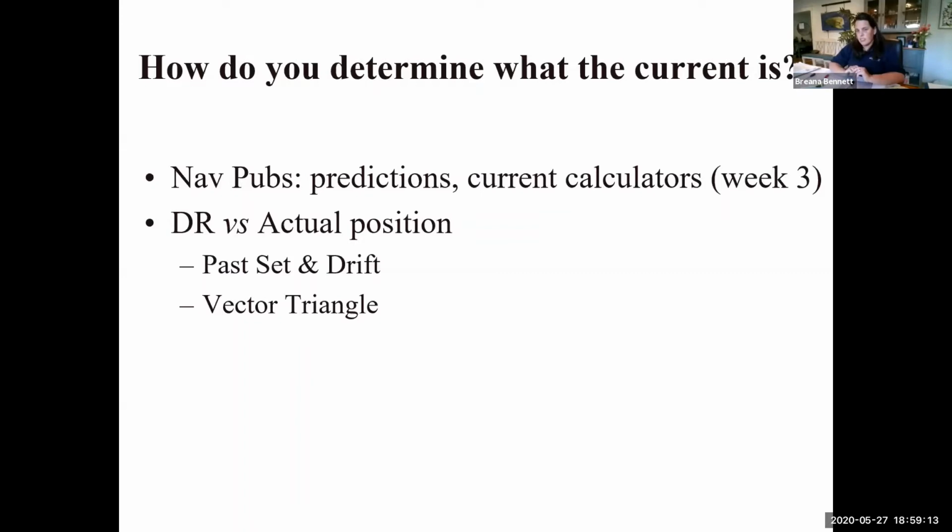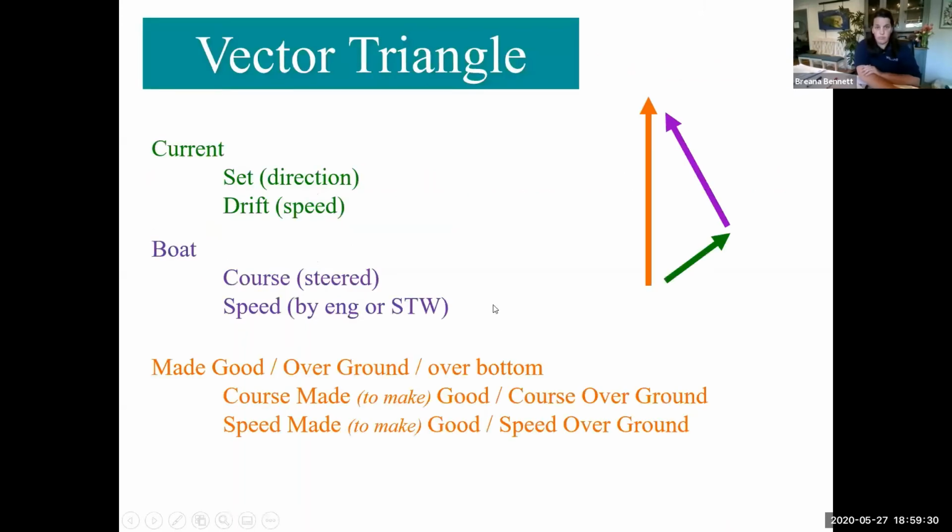Does that make sense so far? Yeah. Okay, I might go back and forth to my whiteboard here. Okay, so on our vector triangle, we have 3 legs of the triangle.